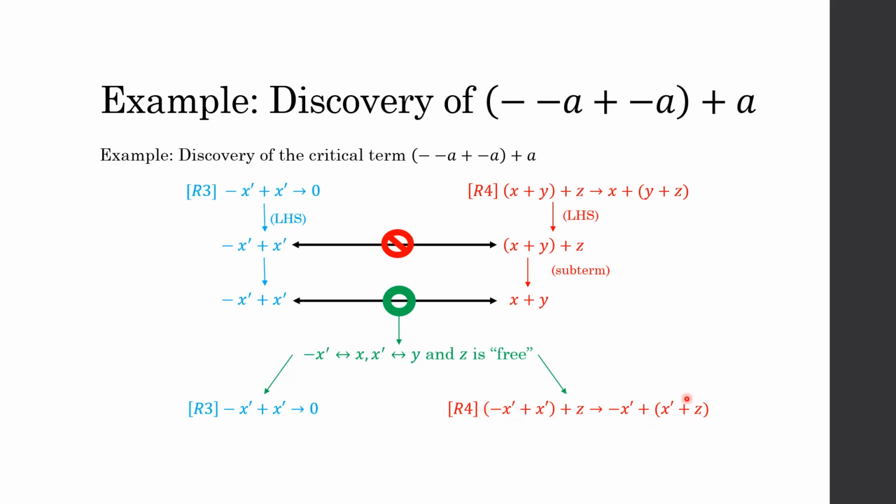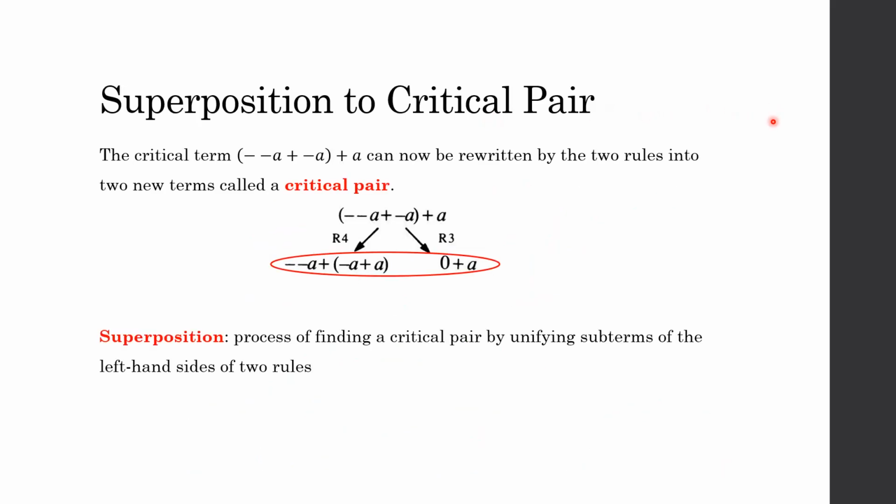this form. With the correct substitution of minus a with x prime and z with a, we will be able to see that the rewrite rule R3 will evolve to this, and the rewrite rule for R4 will become this. If you look, this left-hand side is what we are trying to discover. So after superposition, the critical term negative a plus negative a plus a can now be written into two terms.